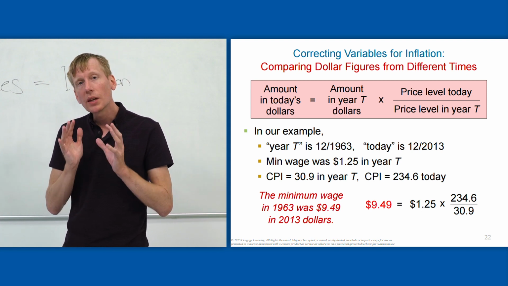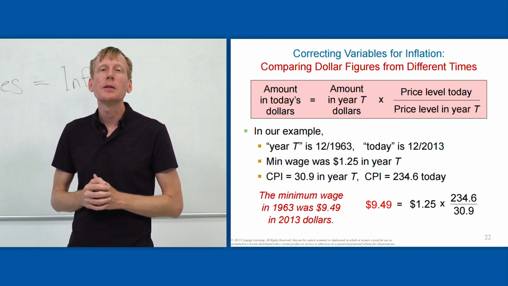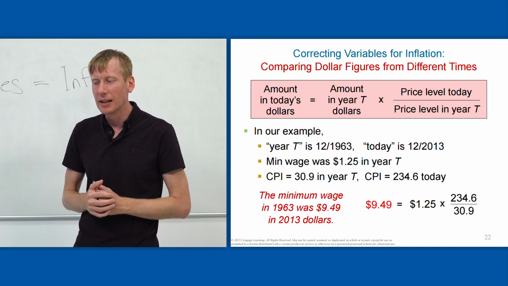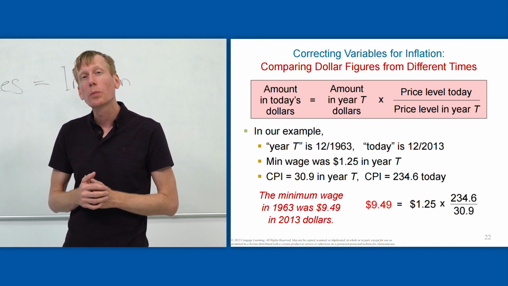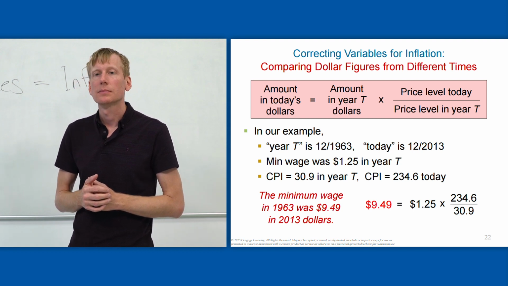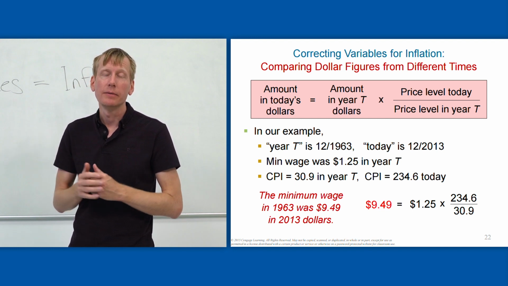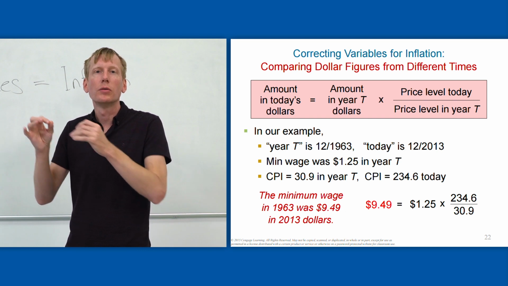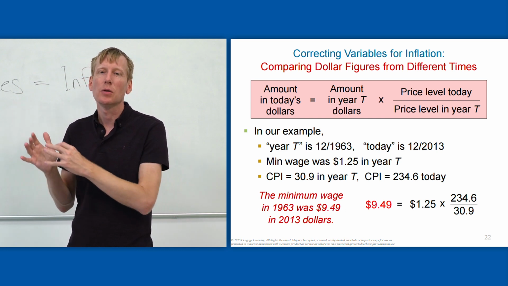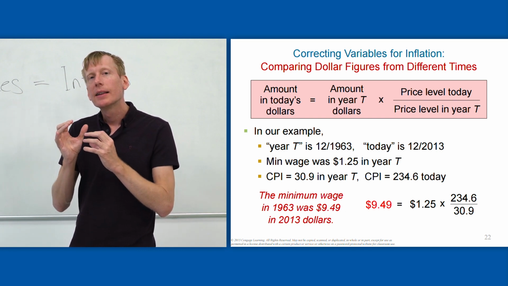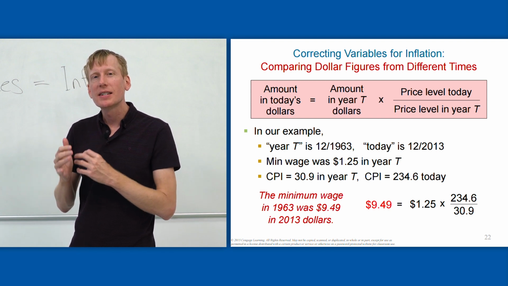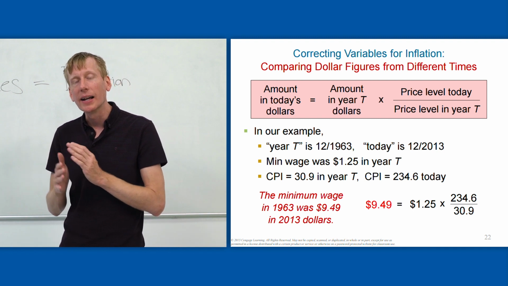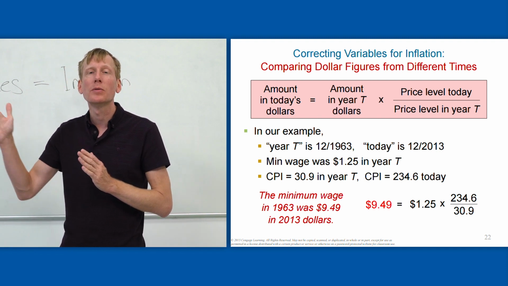Now, if we've calculated that the CPI in the United States in 2013 is 234.6, whatever the base year might be, prices have risen from 100 to 234.6 over time, and that the cost of that bundle gave us a CPI in 1963 of only 30.9. Again, the base year is in between those two.